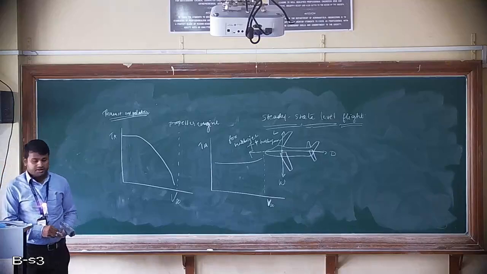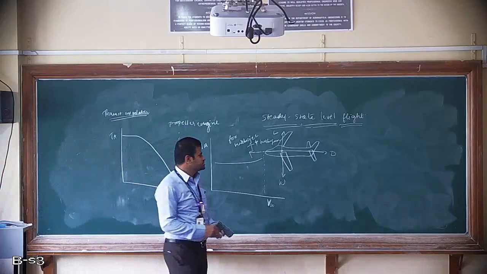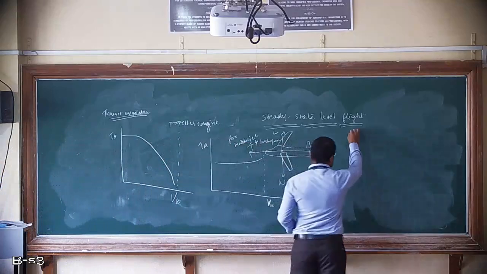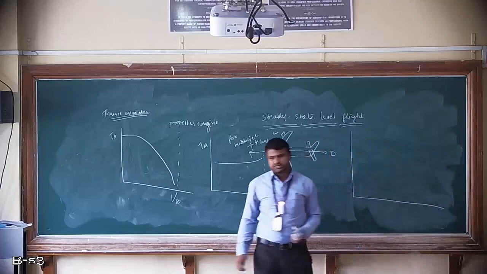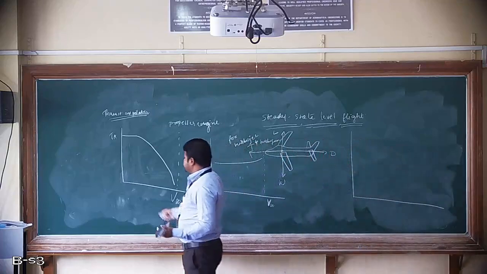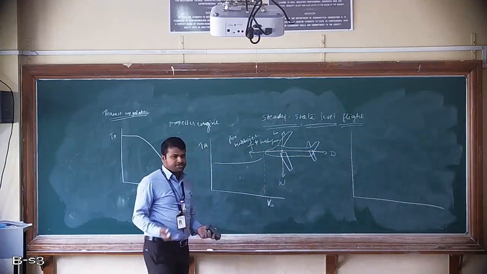So now we will see how the maximum velocity can be taken. Basically, the maximum velocity for a turbojet engine is taken based on the thrust available curve as well as the thrust required curve.